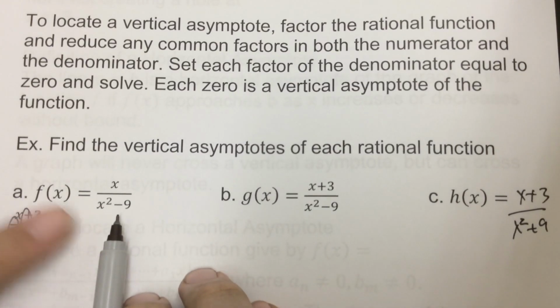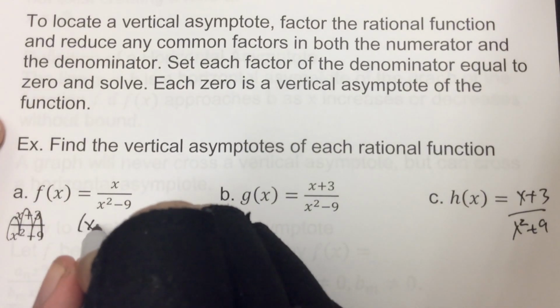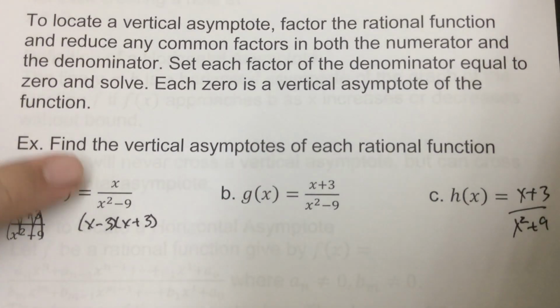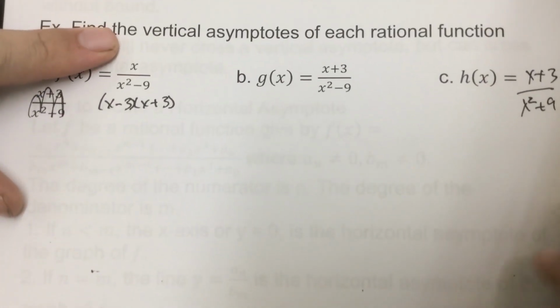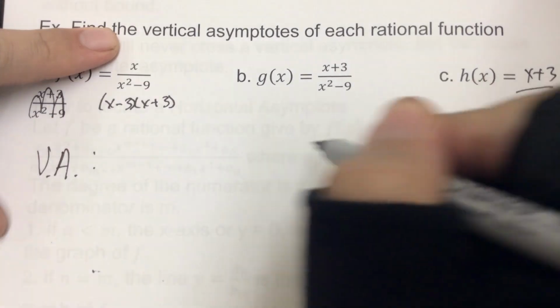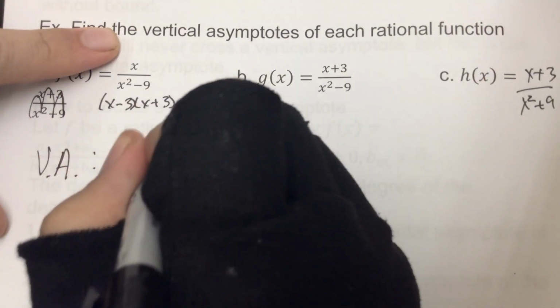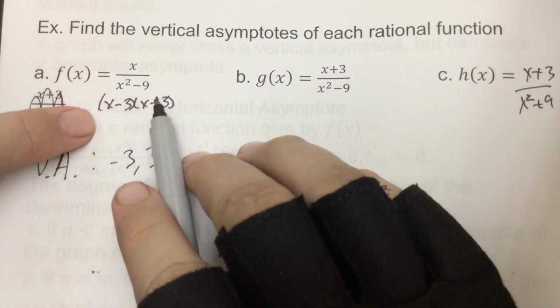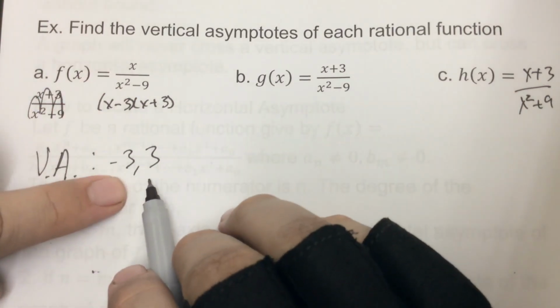So the first one here, if we factor this out, this is going to go to x minus 3, x plus 3. Now, on top is just an x, so there's nothing that we can cancel out there. So in this case, we're going to have a vertical asymptote at both negative 3 and 3. So if we set each of these equal to 0 and solve, we'd add the 3 over, we'd subtract the 3 over, and get our negative 3 and 3.